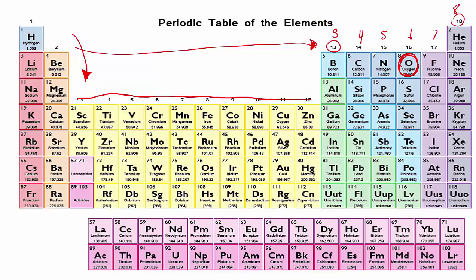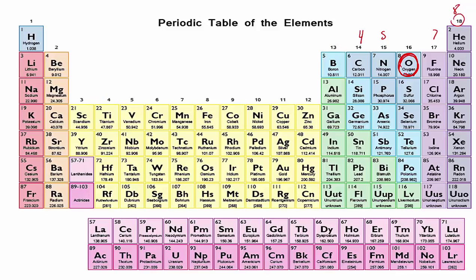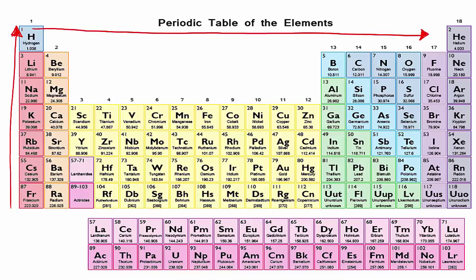Now, what is the pattern associated with this? When it comes to electronegativity, the higher up you are on the periodic table and the further to the right you are, the more electronegative the element is. So fluorine would actually be more electronegative than oxygen.